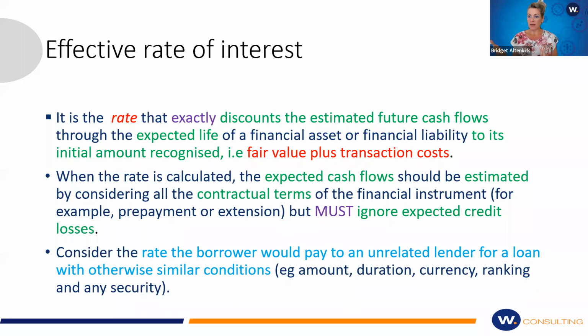Your term would be whatever the expected life of the instrument is. Future value may be zero, assuming it's settled to zero. It may have a value depending on the facts and circumstances. You can then solve for I. That would be your effective interest rate. It takes into account the expected cash flows by considering the contractual terms, and you ignore expected credit losses when you are measuring your effective interest rate.